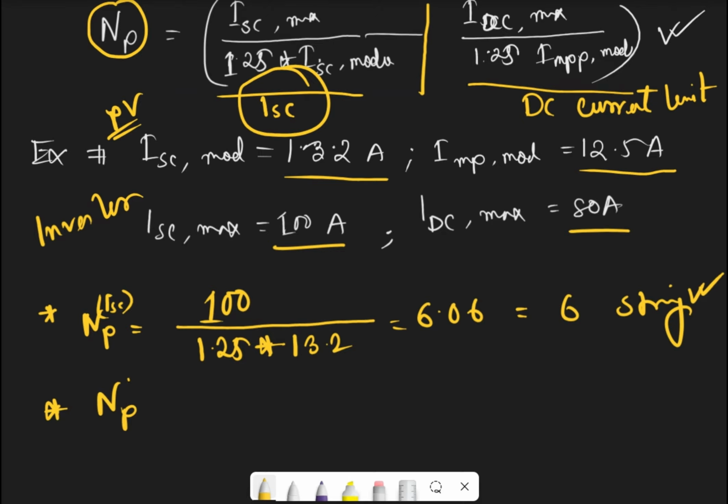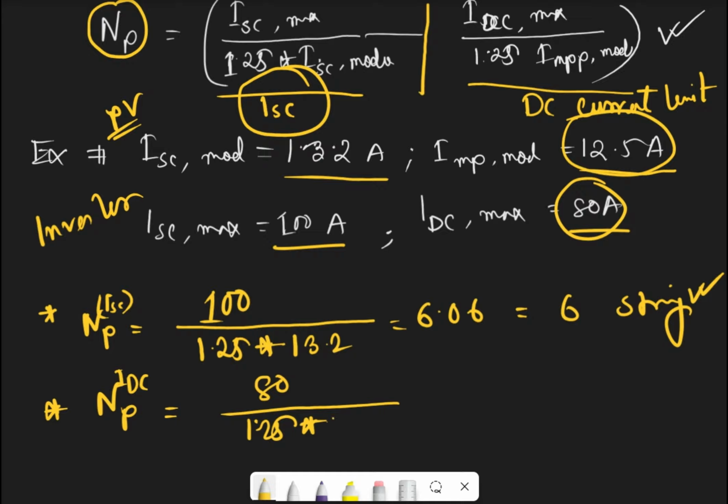And on the other hand, if it is the DC current limit, indeed, the DC maximum current is 80 ampere, so we have to use the 80 ampere, safety factor 1.25 times the maximum power point current of the module, that is 12.5.